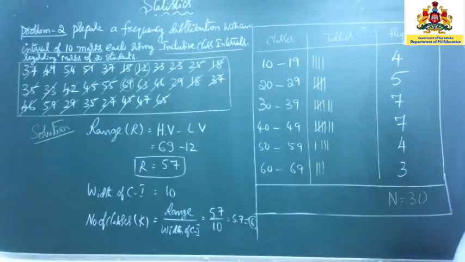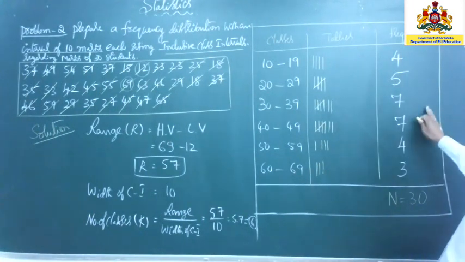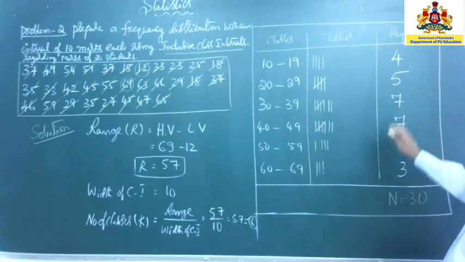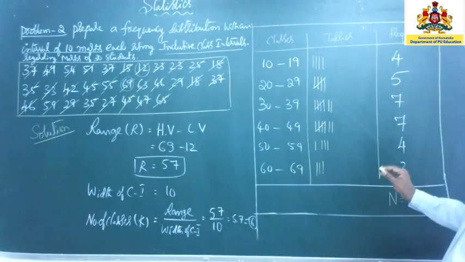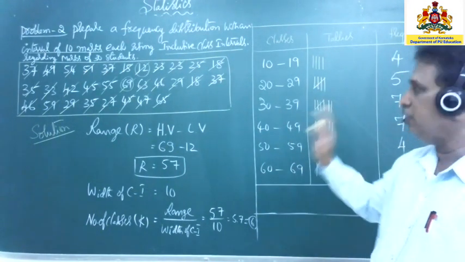This is worth 5 marks. They will allot 2 marks for tallies and 2 marks for the frequencies. 2 plus 2 is 4 marks. The last mark is for writing a suitable heading.